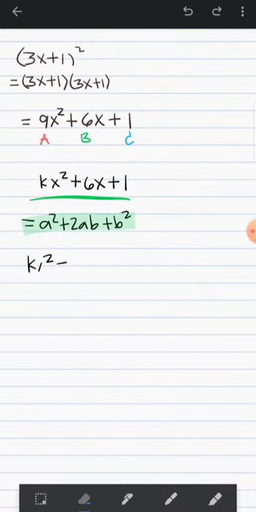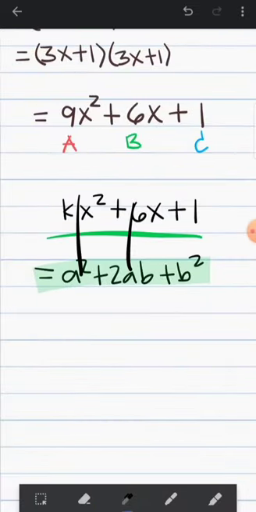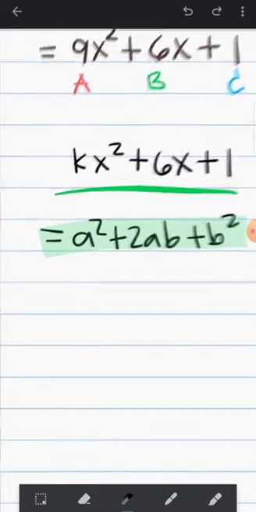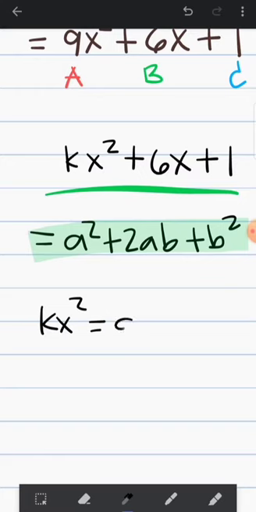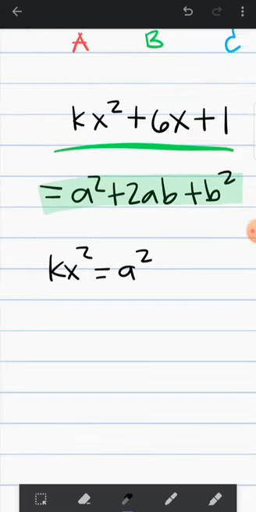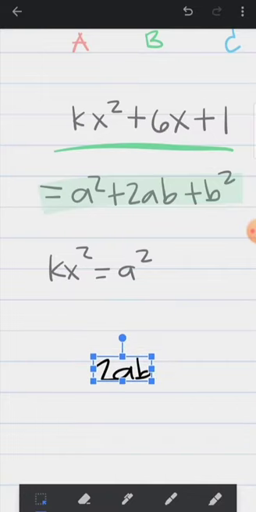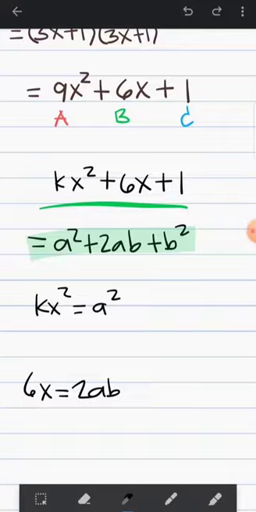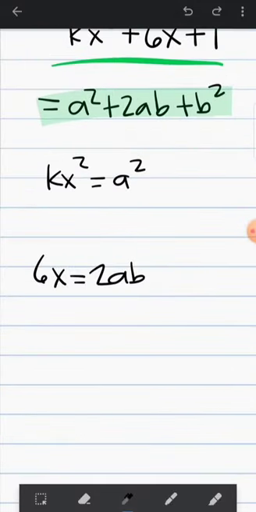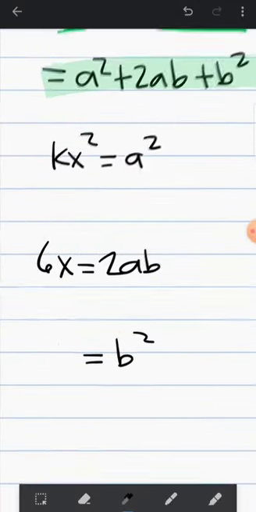Let's again recall, equating all these terms together, we create equations. First equation is kx squared is equal to a squared, 2ab is equal to 6x in our problem here, and then b squared is equal to 1.